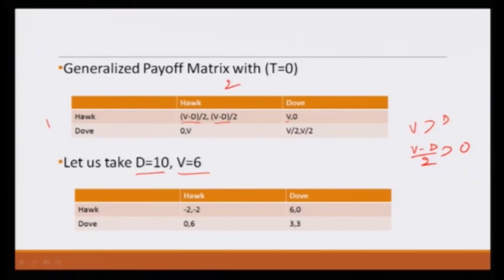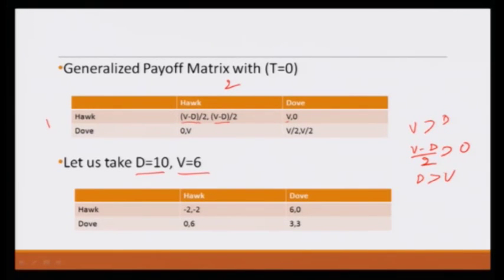Because if they both had played dove and dove, they both would have obtained V/2, V/2. But here they end up playing hawk and hawk, in which they both are worse off, but that is the Nash equilibrium. This situation is exactly the same as prisoner's dilemma. So we don't want that. We are studying a different game. Here we take D greater than V. In that case, we do not get prisoner's dilemma.